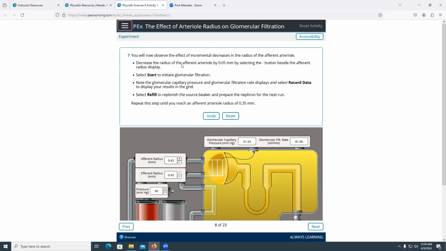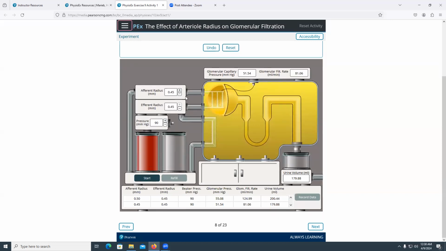Now you will observe the effect of an incremental decrease in the radius of the afferent arteriole. We're going to be decreasing by 0.05 up to 0.35. So we did 0.45. Let's do now 0.40. Start. Then we're going to record the data.